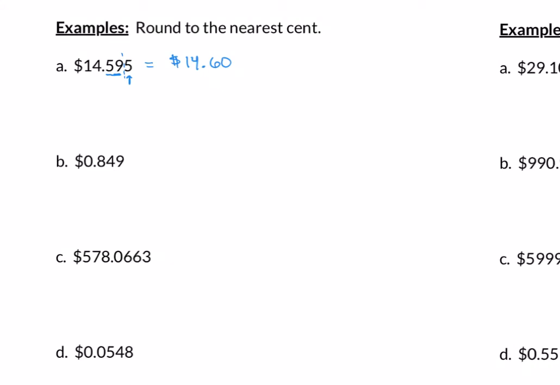All right, example B. My 4 is in my cents column. I'm going to put my dashed line. And if we round this, I want to round up, so I get 0.8. 4 becomes a 5, and we discard the digits to the right. All right, example C. $578.0663.